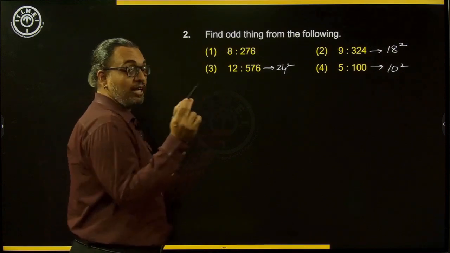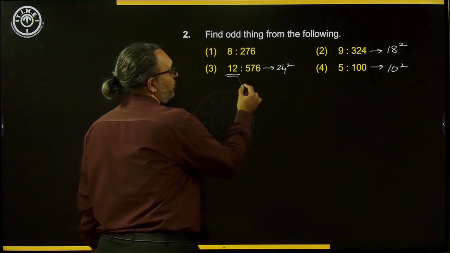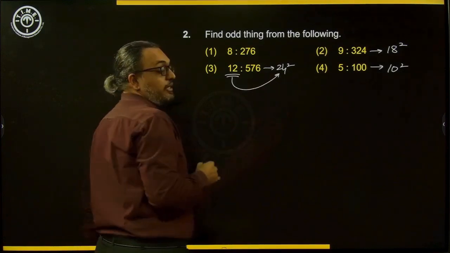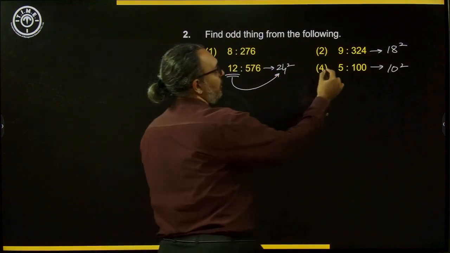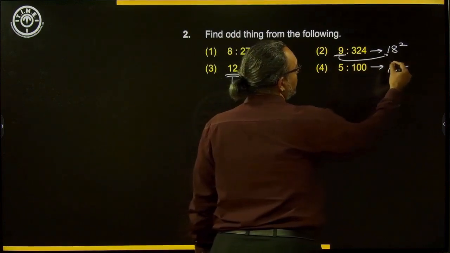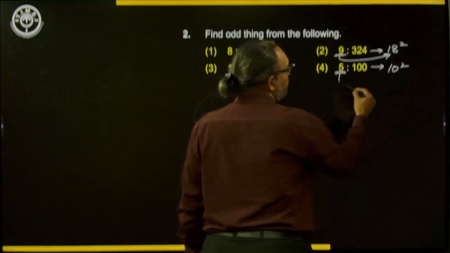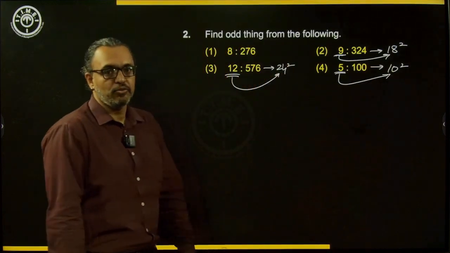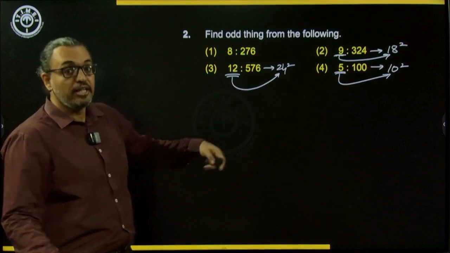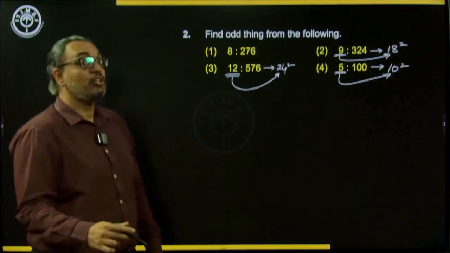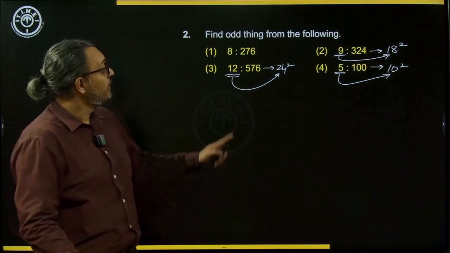Why? Because one observation that I can make is you have the number 12, but then it is doubling and then getting squared. Then you have the number 9, again you are doubling that number and taking a square. You are having the number 5, you are doubling and again taking the square. But 8, if I double it, 16 square should be 256, but I don't have it.